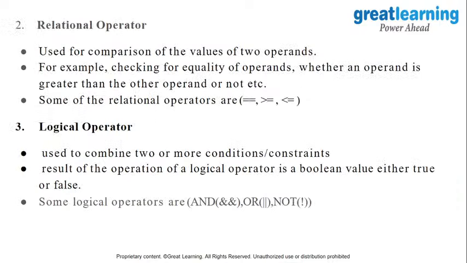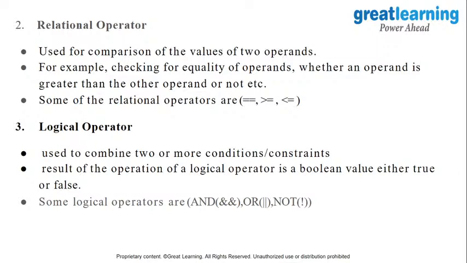Then we have relational operators. Let's suppose you want to check if A is greater than B or not. You go through your program, write the if condition, and check if A is greater than B. You use a relational operator, which are the greater than sign, less than sign, greater than or equal to, and less than or equal to signs.